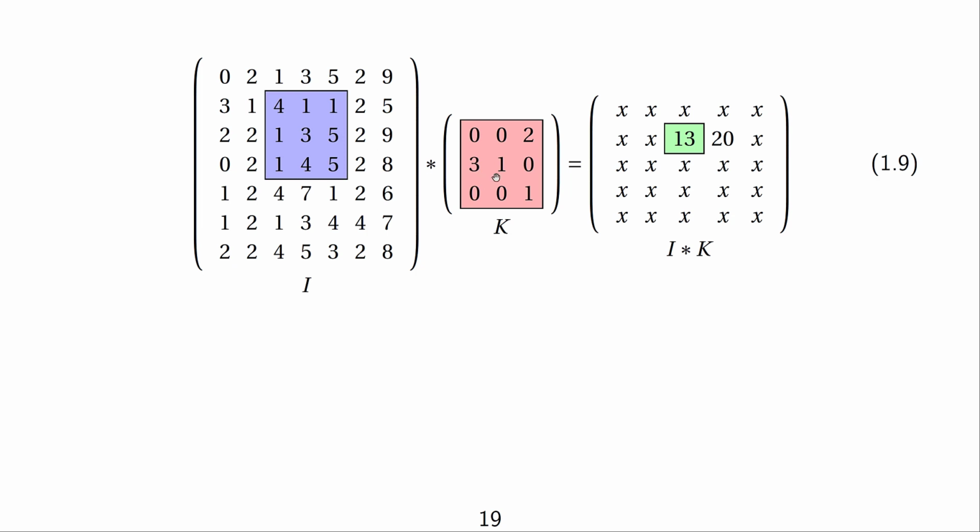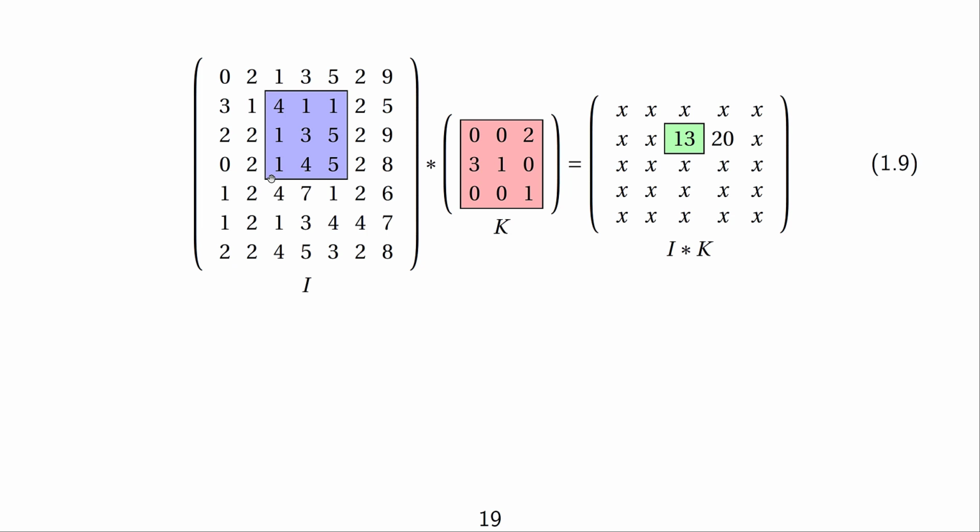And what I like to do conceptually, and this mainly works when the filter is symmetric, is I think of the center pixel of the filter, and I'm going to place it conceptually over some pixel in the input image I. So I'm going to align the 1 with the 3, and then this 0 will align with the 4, and this 5 will align with the 1. So we think of this filter K as now being moved over, so this red rectangle is being moved over exactly over this blue rectangle, which is a square.